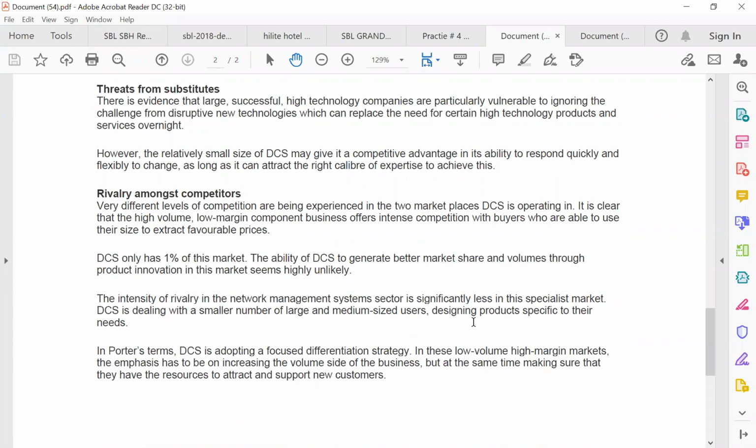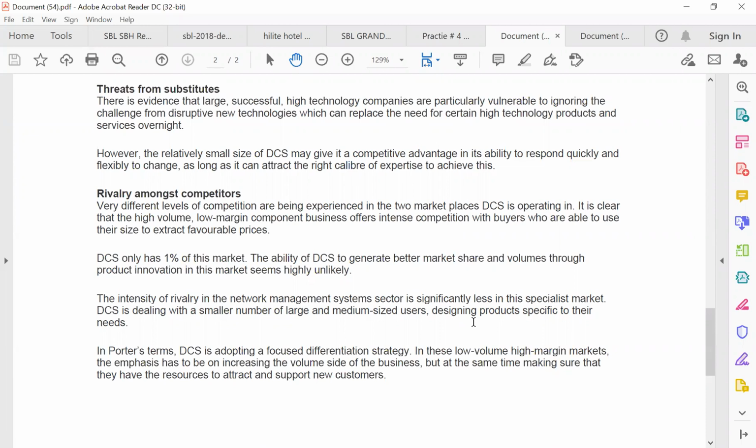It is clear that the high volume, low margin component business offers intense competition with buyers who are able to use their size to extract favorable prices. DCS only has 1% of the market. The ability of DCS to generate better market share and volumes through product innovation in this market seems highly unlikely.